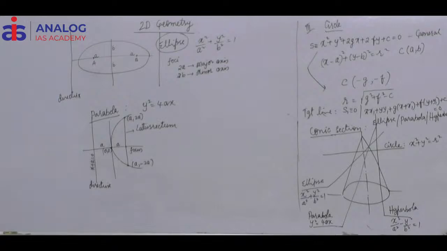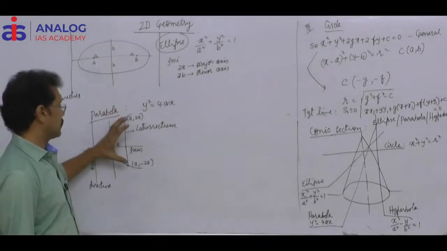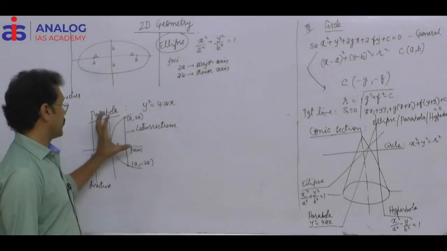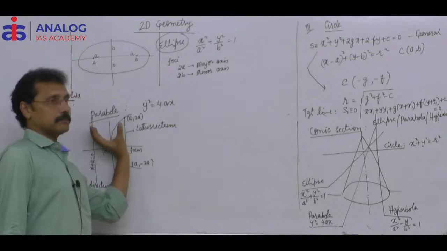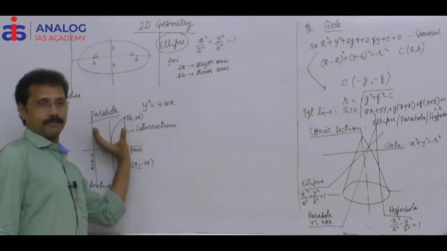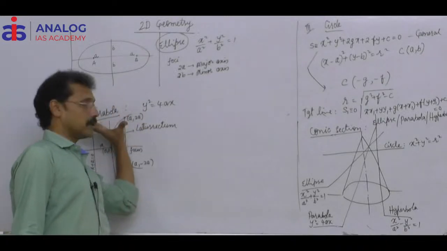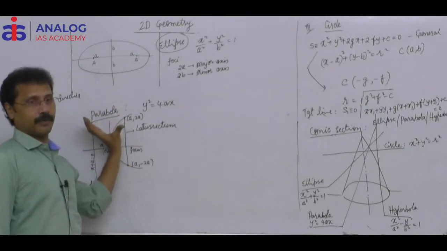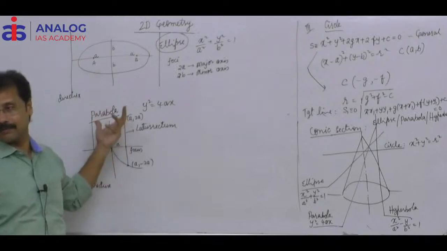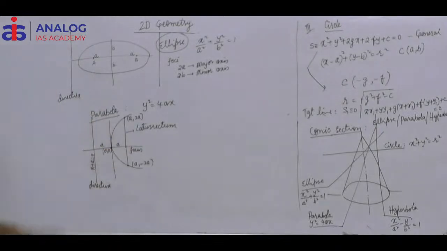This is standard now. This curve, if it is rotated like this, becomes x square equal to 4ay, the entire thing rotated 90 degrees. So x square equal to 4ay instead of y square equal to 4ax. Another rotation you can always have.